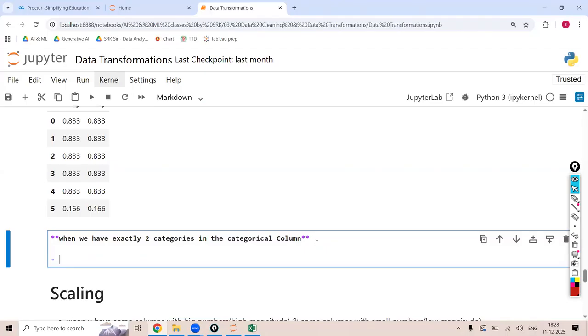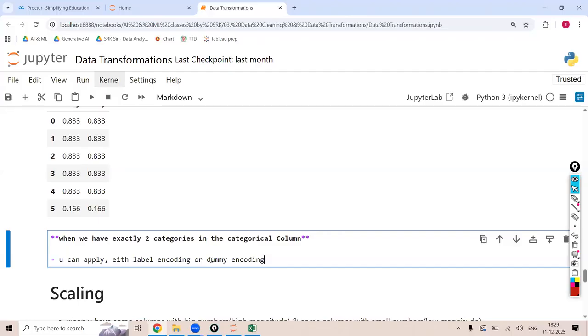When you are having exactly two categories in the given categorical column, then you can apply either label encoding or dummy encoding.